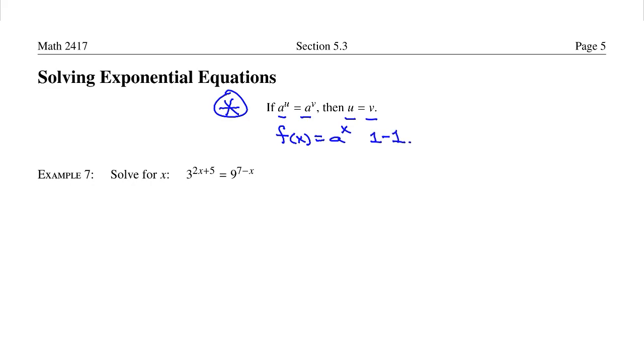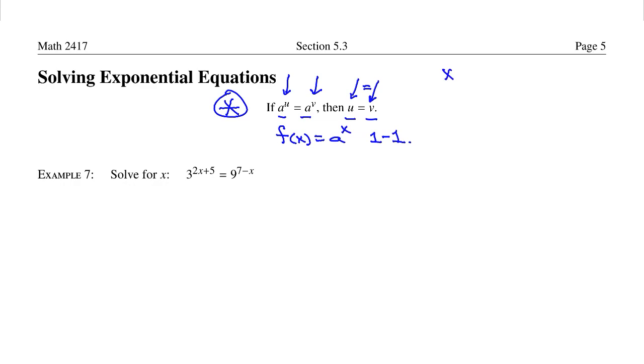This is the evaluation at one x value, this is the evaluation at the second one, and since exponentials are one-to-one, the only way that they could have the same y value is if they started with the same x value.